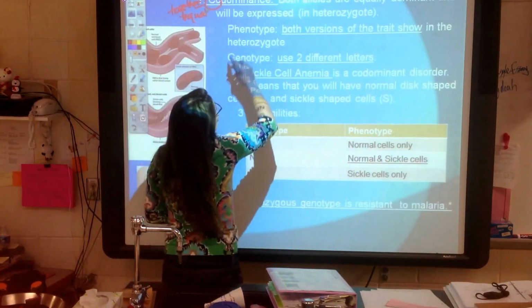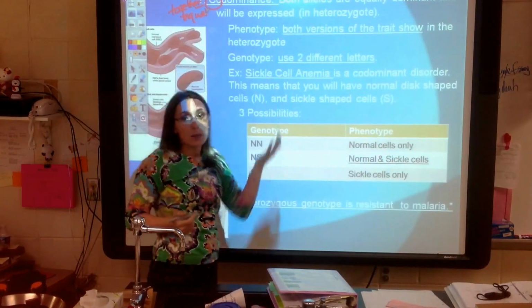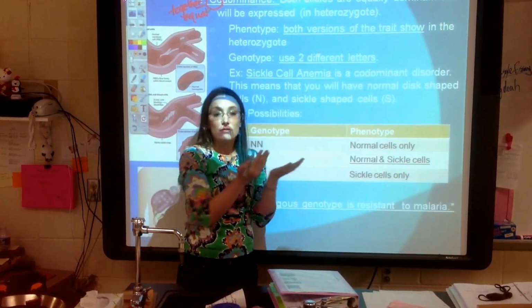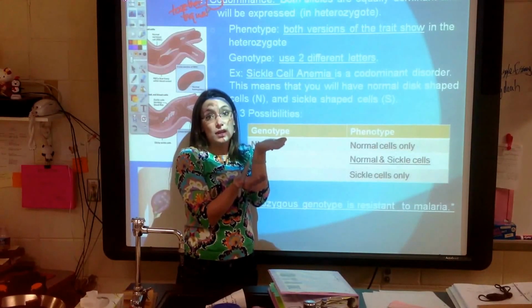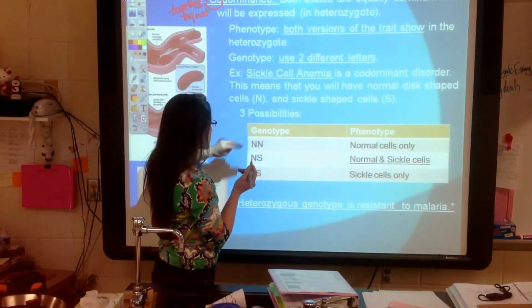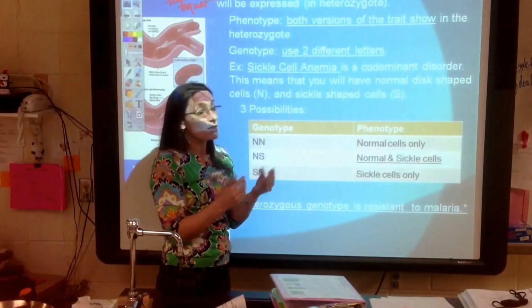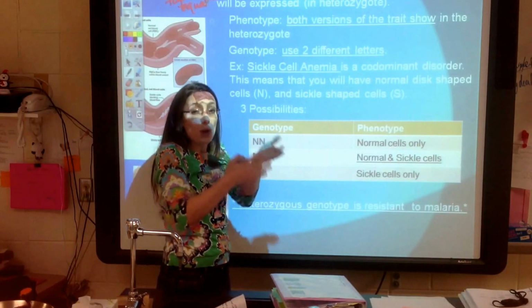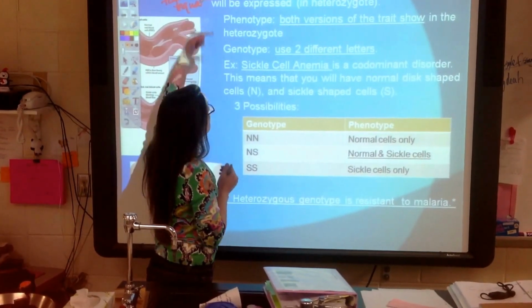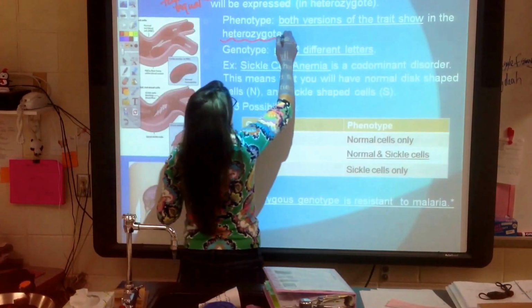They are equally expressed. So in dominant recessive, if you have the dominant, that's what you show. But in co-dominance, we have these 2 alleles, and they're equally dominant. Neither of them is hidden. They're both showing up. So both versions of the trait show up in the heterozygote.